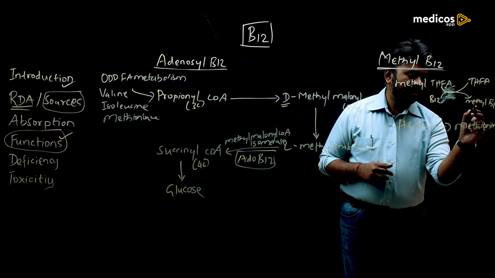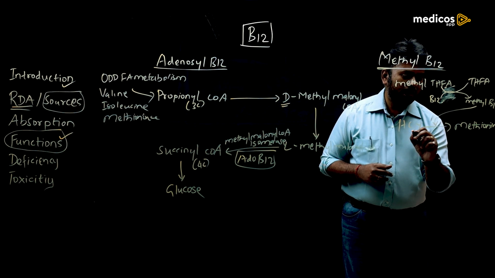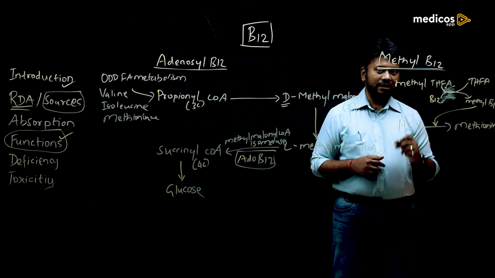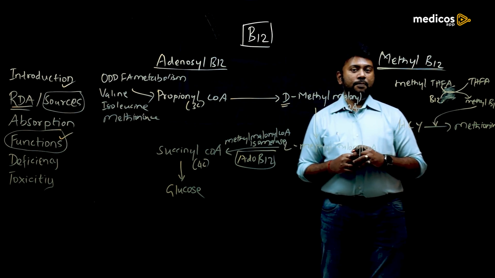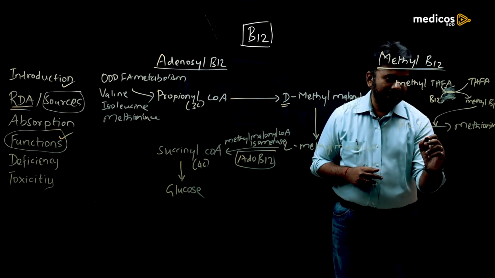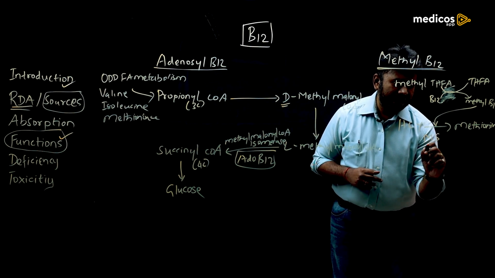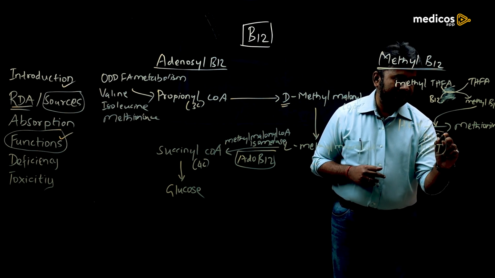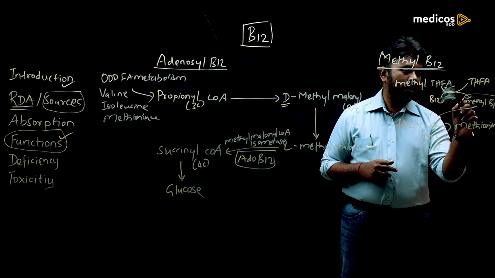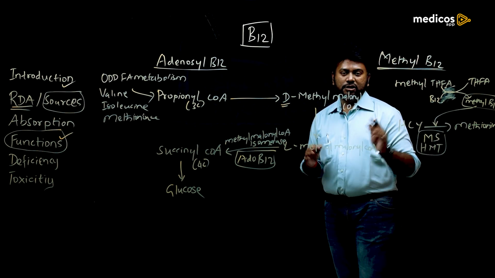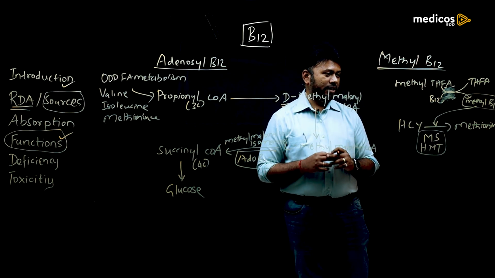Now this methyl B12 will donate the methyl group for this reaction and help in the synthesis of methionine. The enzyme for this reaction is methionine synthase or homocysteine methyltransferase. For this enzyme, methyl B12 acts as a coenzyme. So this is the function of methyl B12.